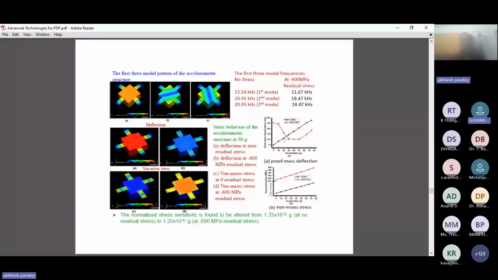But in the case of residual stress present in the film, it is non-linear behavior, and the proof mass deflection is also shifted. There is an offset present in the sample.